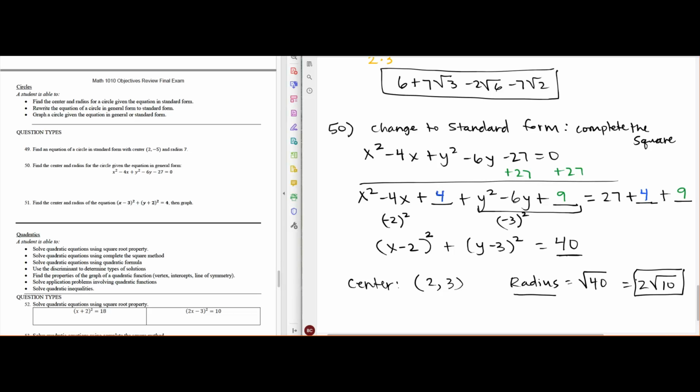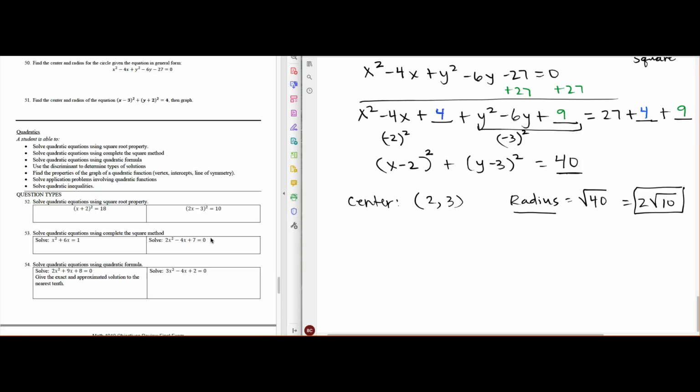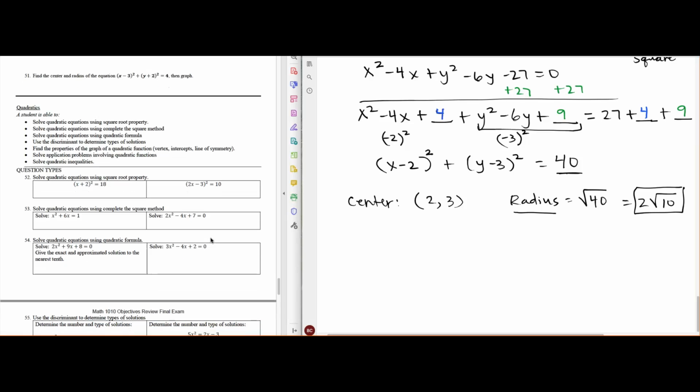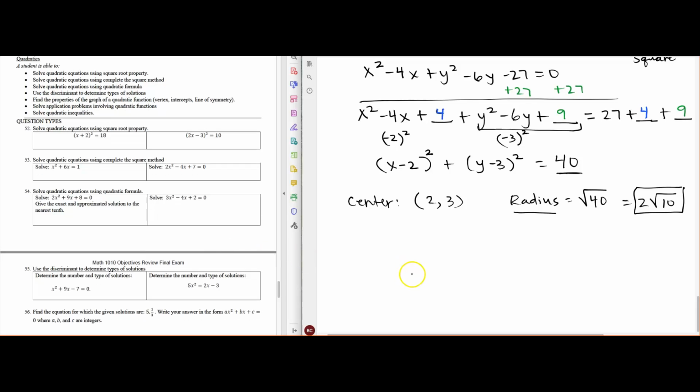We really are trying to make sure you know how to do the stuff, but not putting too much in there, just making sure we're getting you tested on the stuff you need to know. Remember, if you can't factor a quadratic, you've got to use either completing the square or the quadratic formula.